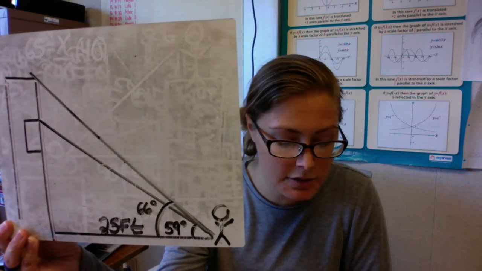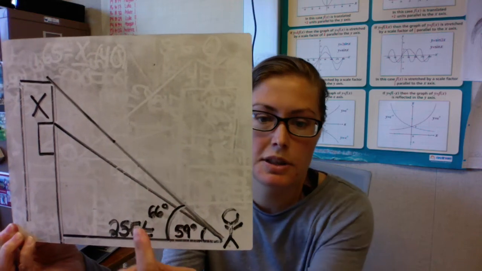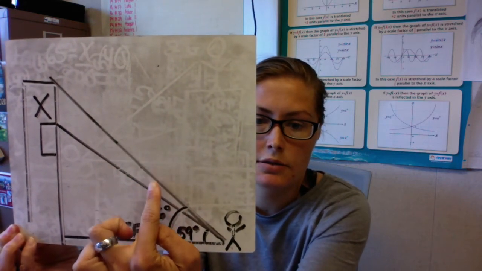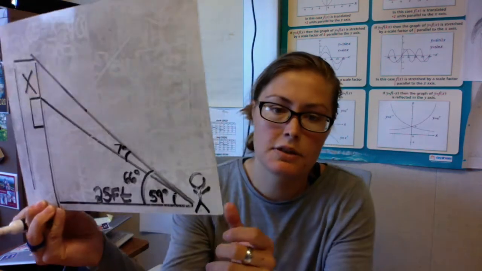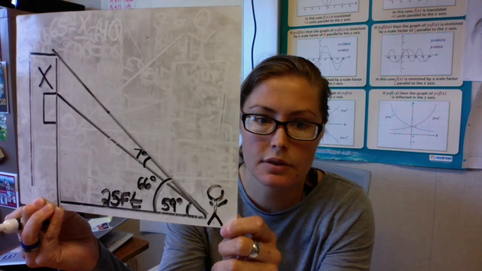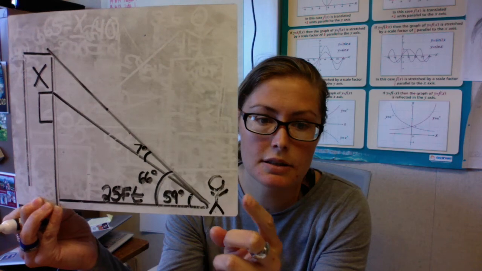How long will the icicle lights be? So we want to know x. So we need to know this tiny angle here. So 66 minus 59, which is 7. So 7 degrees is that tiny angle there. And now we have the opposite and the adjacent, because x is our opposite and 25 is our adjacent.